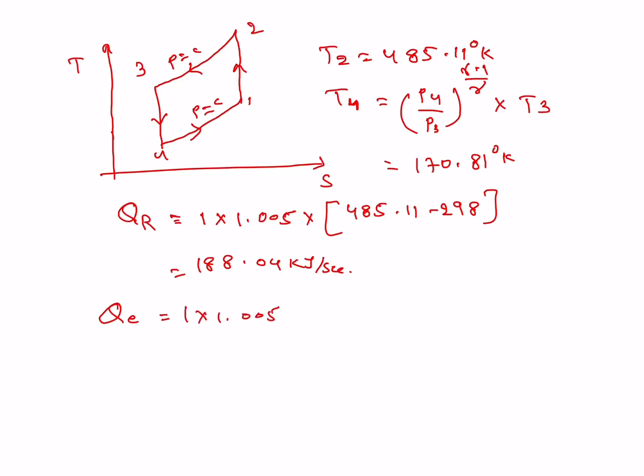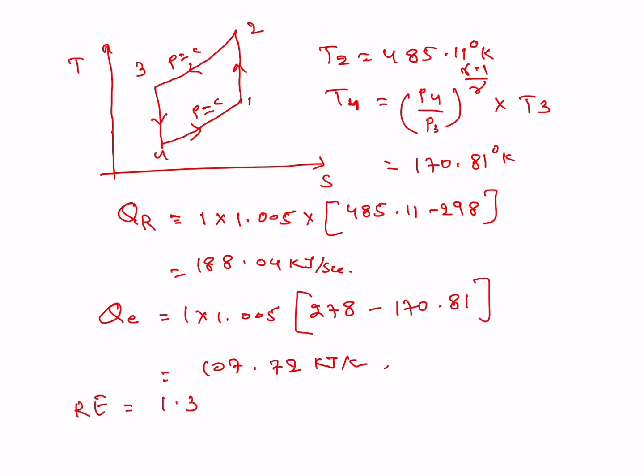Cp 1.005 into dT, how much? 278 minus 170.81, you will get 107.72. Then the refrigerating effect, into 188, 107.